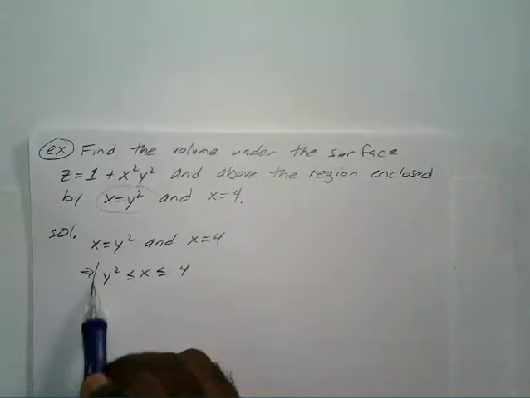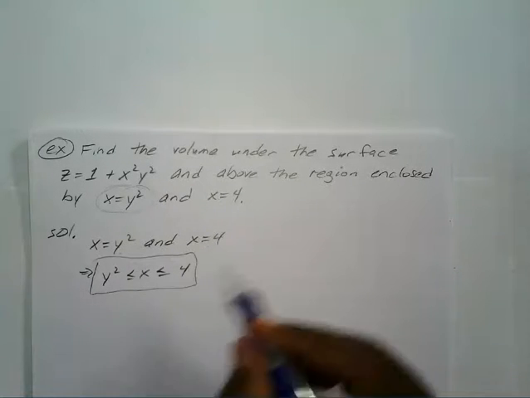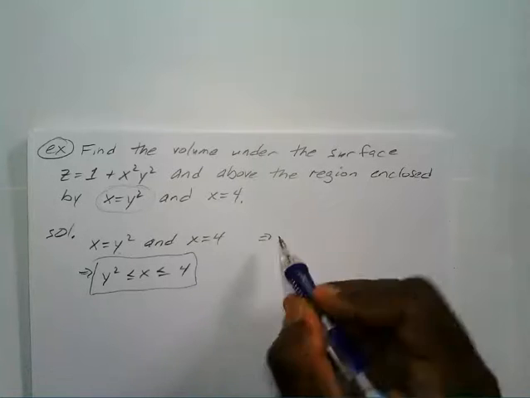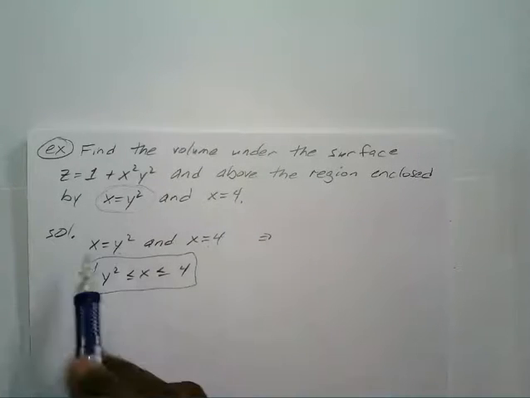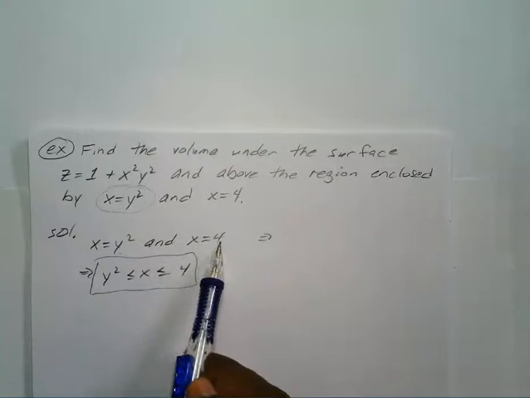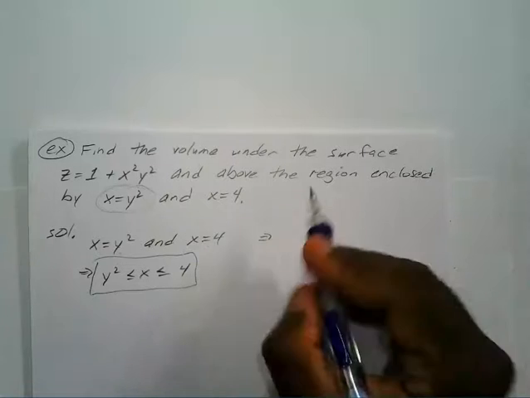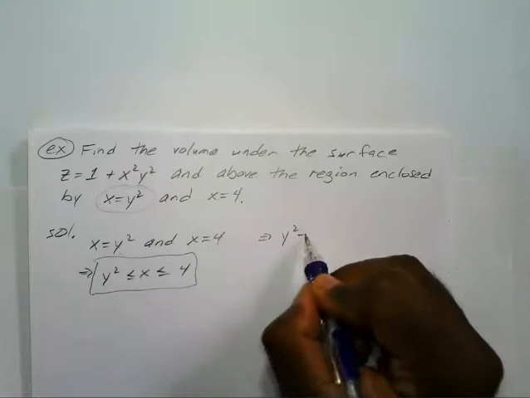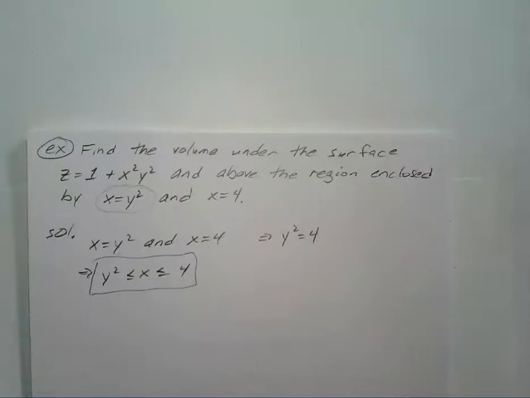Let me mark that since we already have it. But what if we know that x is equal to y squared and x is equal to 4? What does that tell us? That y squared is equal to 4. What does that also tell us?